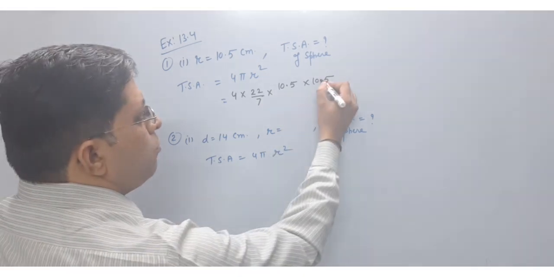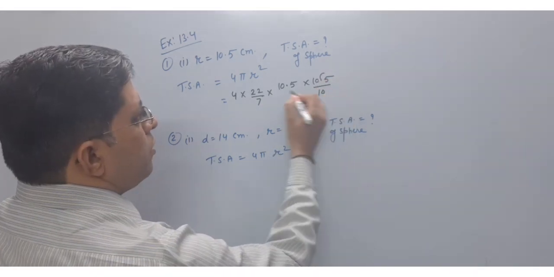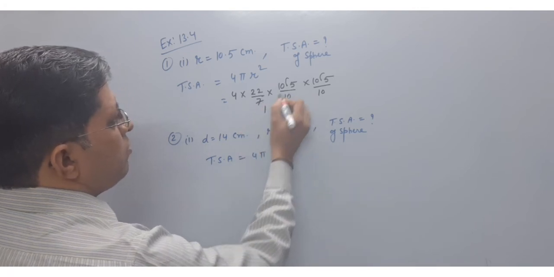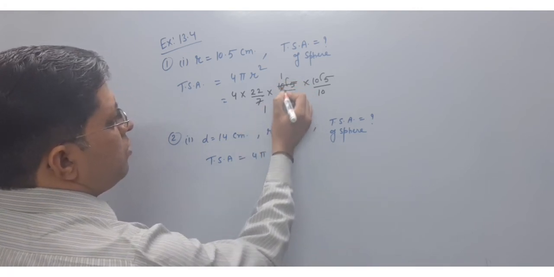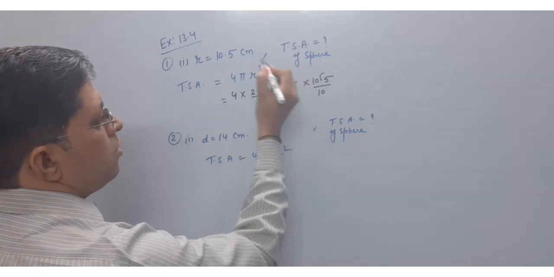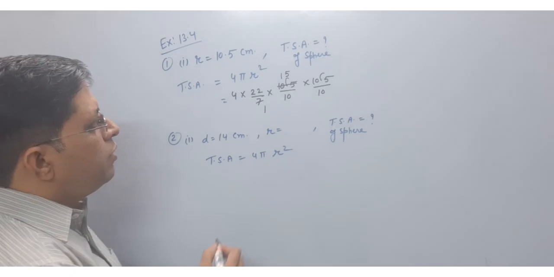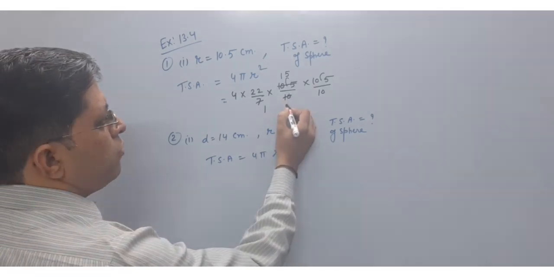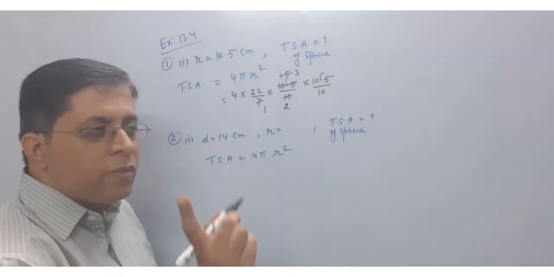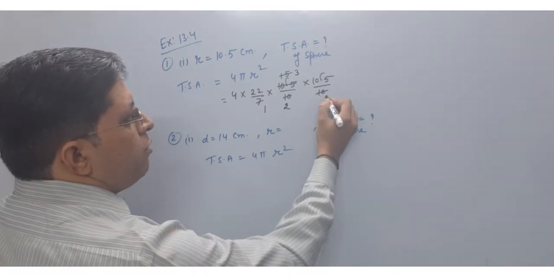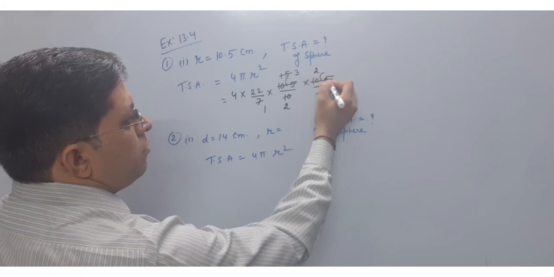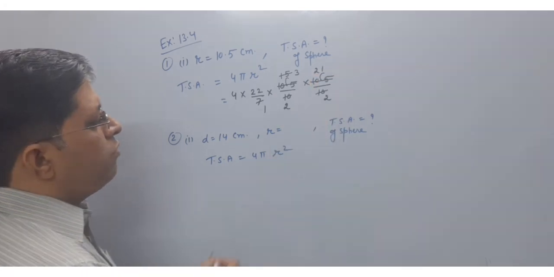I am going to remove this 10. 7 1 7, 7 3 21, 7 5 35. Then 5 2 10, 5 3 15, again 5 2 10, again 5 2 10, 5 1 5.